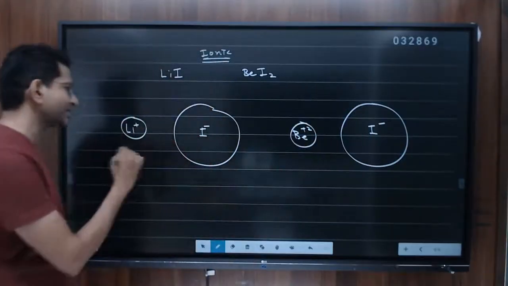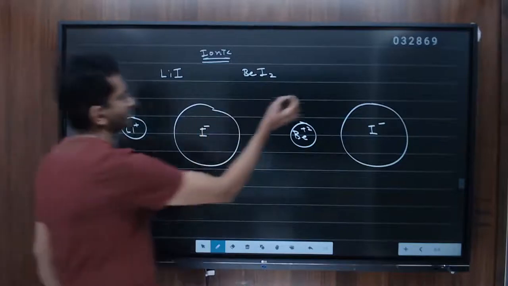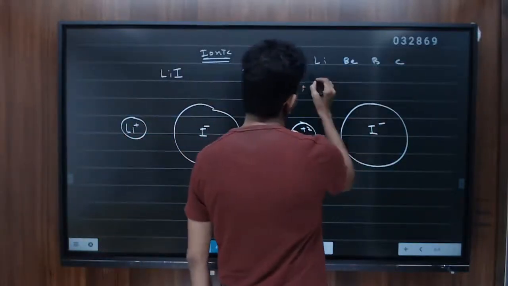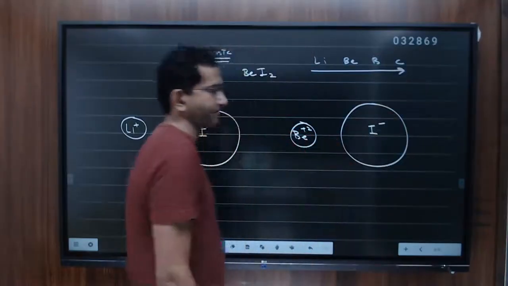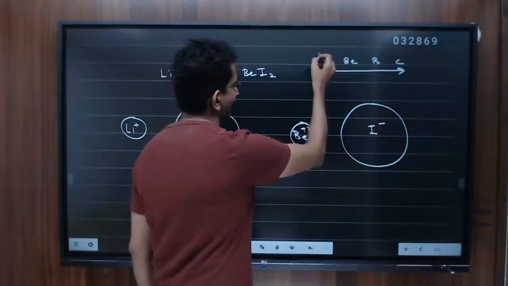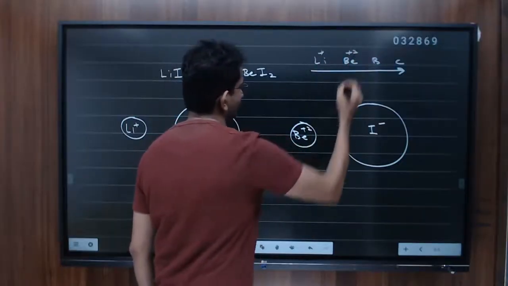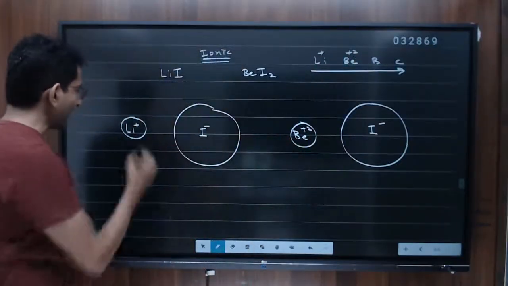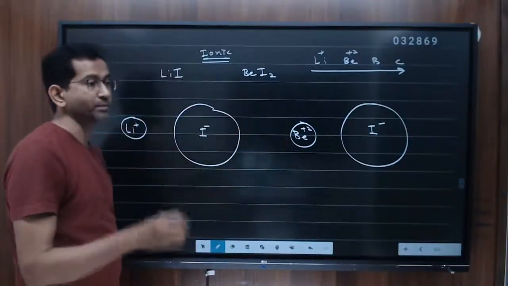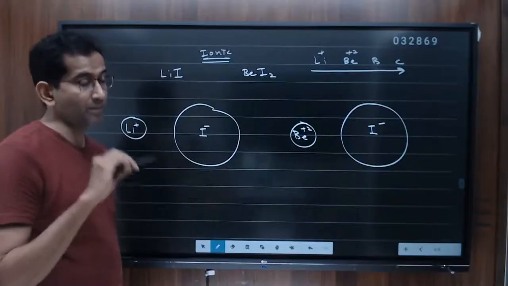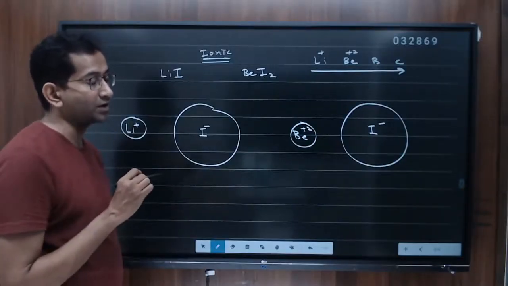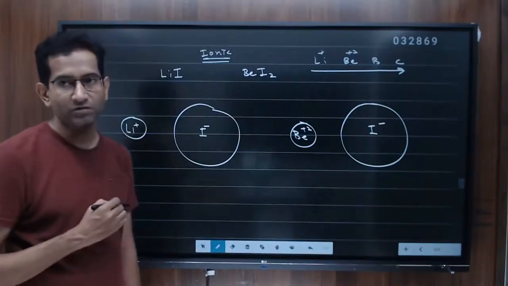Now what happens in this case? One more thing, lithium, beryllium, boron, carbon, as you go in this direction, not only does size decrease, but this has Li plus and this is Be plus 2. So as compared to Li, beryllium is smaller in size, but one more thing is favorable in case of beryllium: it has 1 unit more charge also.